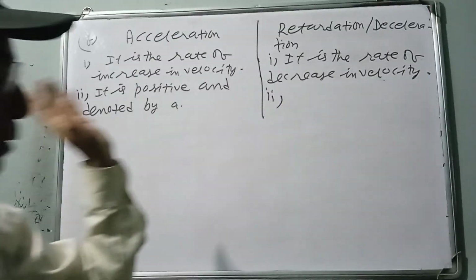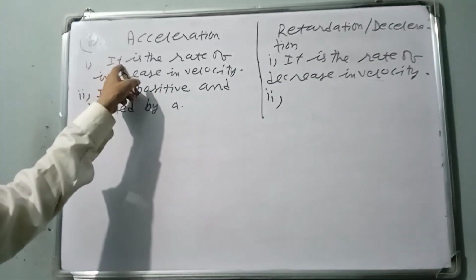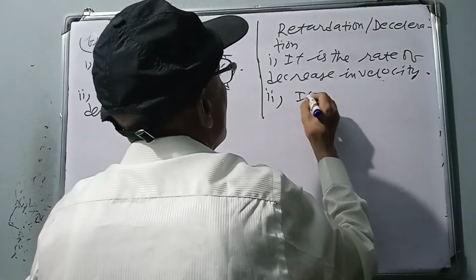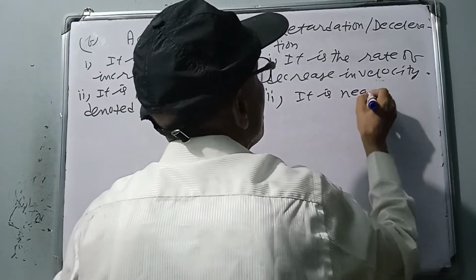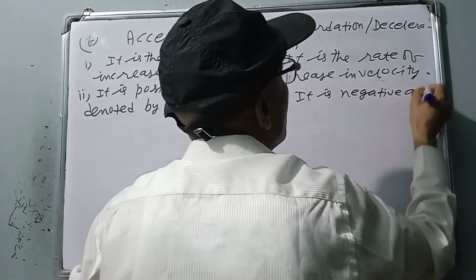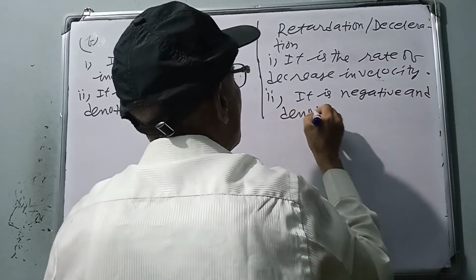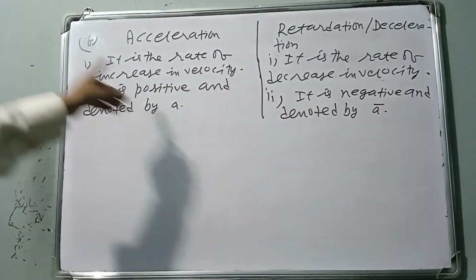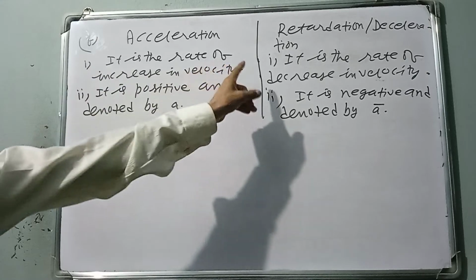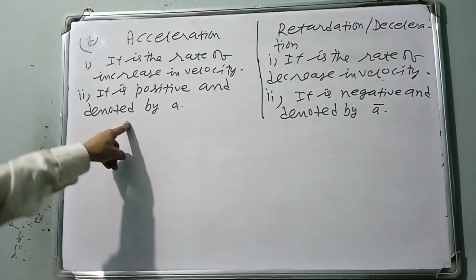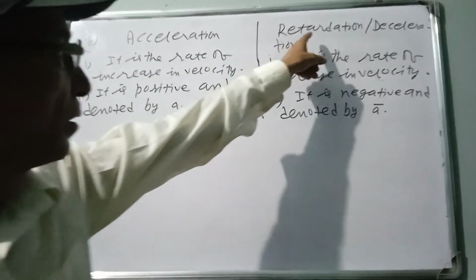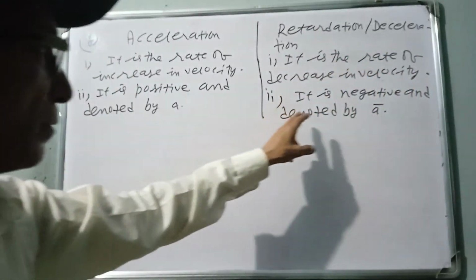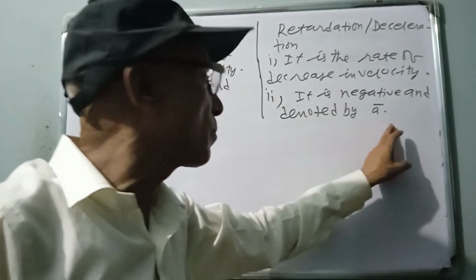That means the velocity goes on decreasing. In acceleration, velocity goes on increasing. It is negative and denoted by A minus. It means just opposite of acceleration. Rate of increase in velocity denoted by A because it is positive. Retardation, it is the rate of decrease in velocity. It is negative and it is denoted by A minus.